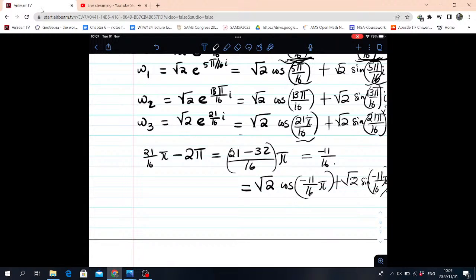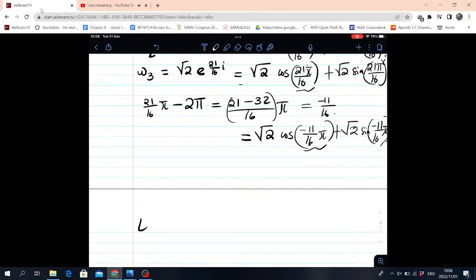That will be our complex number with the principal argument there. And that is that for that question. So that's how we approach these. You've been given a question, you just have to write your complex number in polar form, and then you just apply the formula in theorem 6.5.4 to find all the roots.